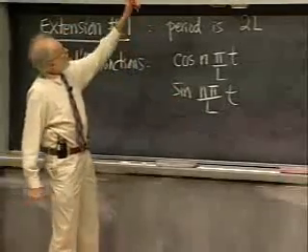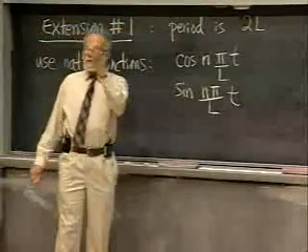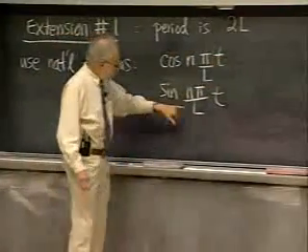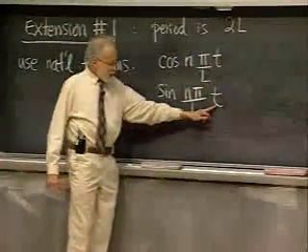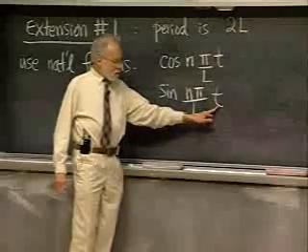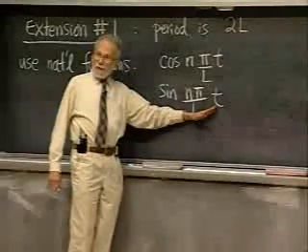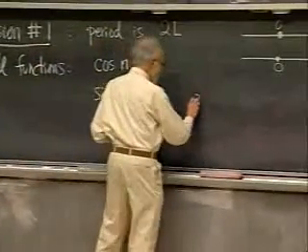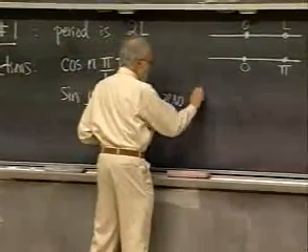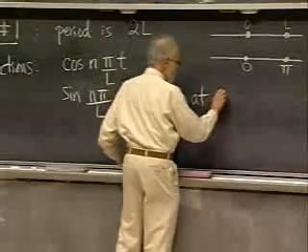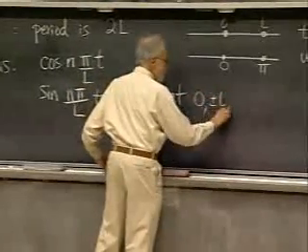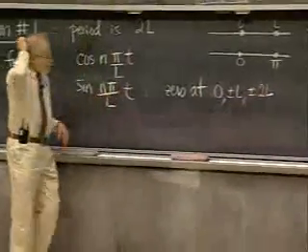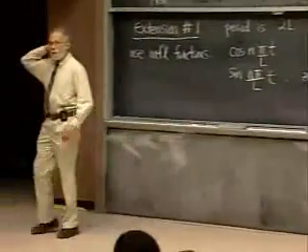The sine functions that we used before were 0 at 0, pi, 2 pi, 3 pi. Where is this one 0? It's 0 at 0. When t is equal to L, it's 0. When t is equal to 2L. So this is the right thing. It's periodic, and it's 0 at 0, plus or minus L, plus or minus 2L. And in fact, formally, you can verify that it's periodic with period 2L.